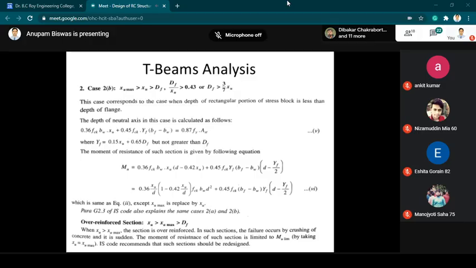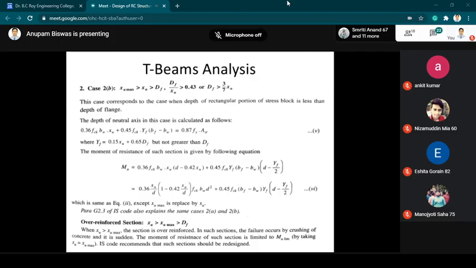For segment two, the rectangular section is considered only for a simple Bw into Xu value, but for the flange portion we are considering this parabolic section, so that is why yf is included. That is 0.45, so don't consider 0.446. Consider 0.45 fck into yf into (Bf minus Bw), equal to 0.87 fy Ast. With this equation, you can find the value of Xu.